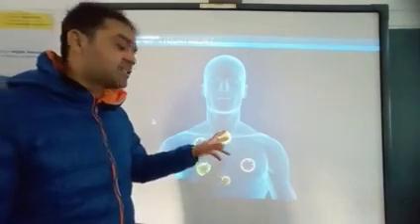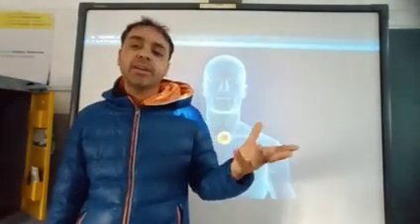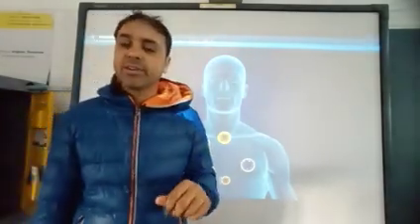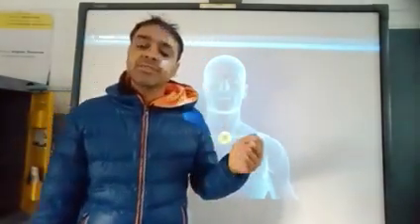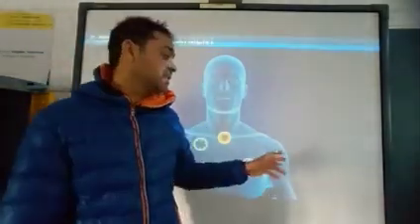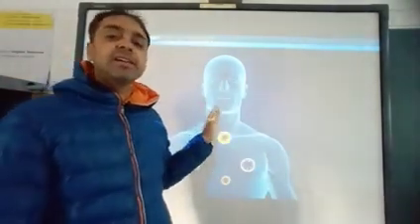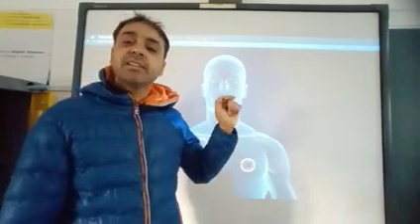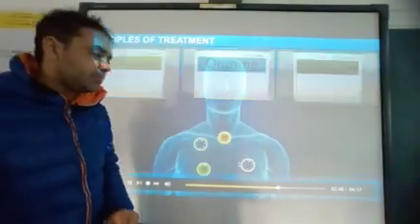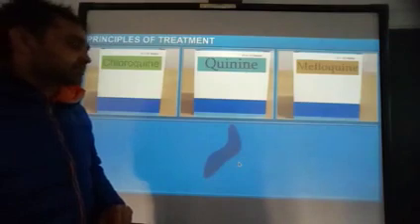It keeps changing its structure, because when it is out of the body it is a non-living component, but when it reaches the body of a living organism, it starts its life cycle and keeps changing its structure. So it is very difficult to kill viruses with an antibiotic. For that reason, some antiviral drugs are there that are helpful to kill these viruses, or the best thing is immunization. Similarly, some drugs kill protozoa such as the malaria parasite.